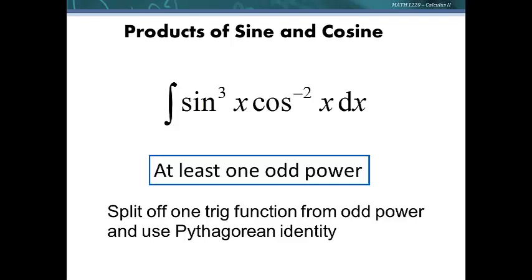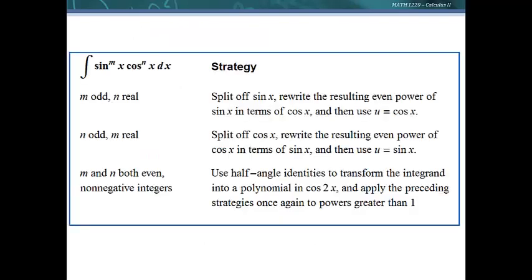But let's go ahead and summarize what we've done. So basically we looked at products of trig functions raised to powers, and as long as when we're looking at this that either m is odd or n is odd, the other one is really arbitrary, we are going to use the split off strategy.